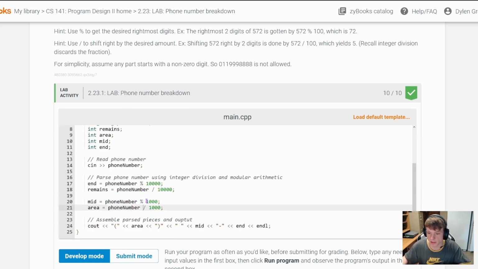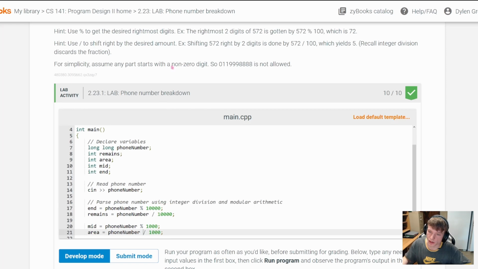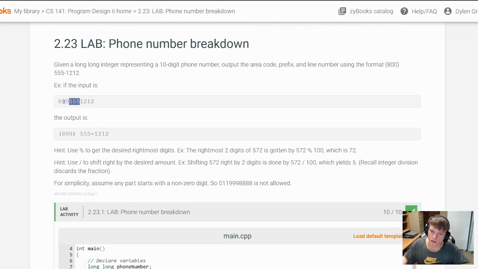And then last but not least, for the area code, we just want to right shift it another three places. So remains currently contains 800,555, and if we right shift it three more places, then all we're going to be left with is the area code. So we don't have to do any more modular arithmetic after that final piece of integer division.